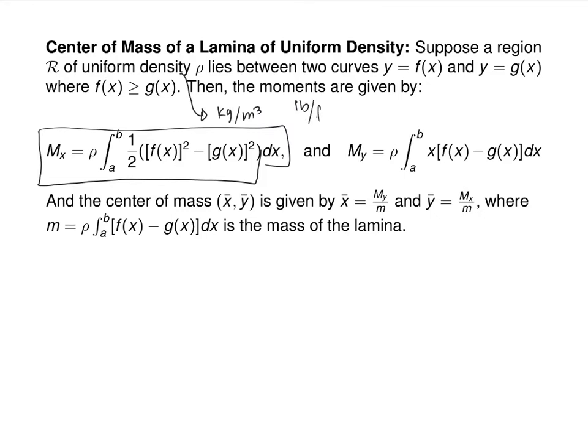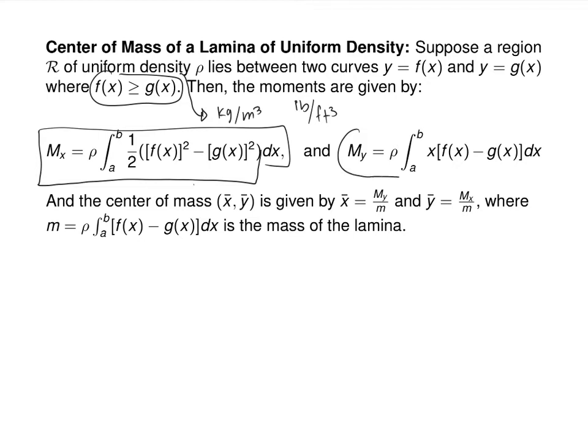Pounds per cubic foot, right? So mx is whatever that density is times 1/2 your f of x squared minus g of x squared. And the thing to notice here is that your f of x is bigger than your g of x.